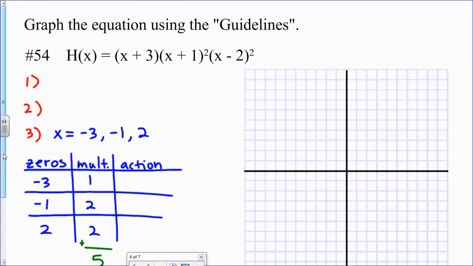No. So the leading coefficient is 1, which is positive. So odd degree, positive leading coefficient, my end behavior is down, up. Okay?